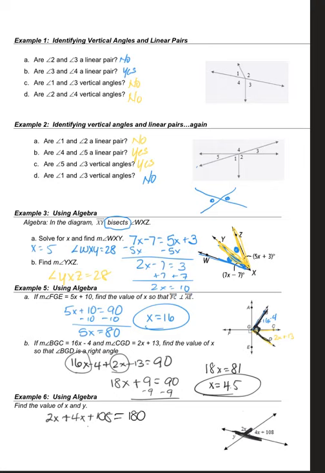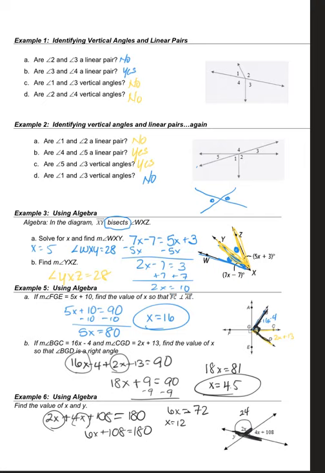All right, from here we're going to combine our like terms. We have 6x plus 108 equals 180. Subtract 108 from each side, we get 6x equals 72. Then divide by 6, you get x equals 12. If x equals 12, then this angle at the top here, 2 times 12, is 24.